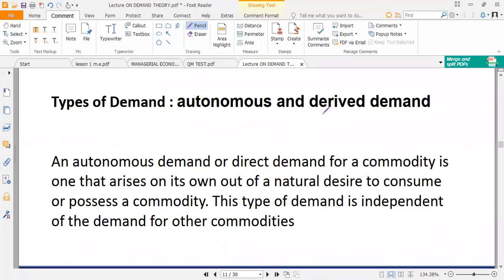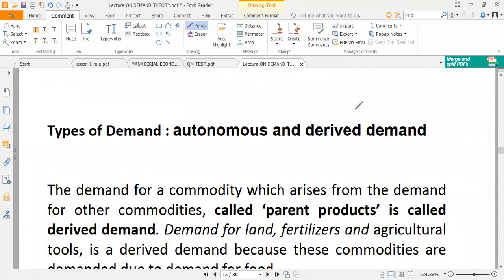Then there's some demand which is derived. It is given as a result of some motivation behind that. So the demand for a commodity which arises from the demand of other commodities is called derived demand. For instance, the demand for fertilizer comes after you'd have done what?